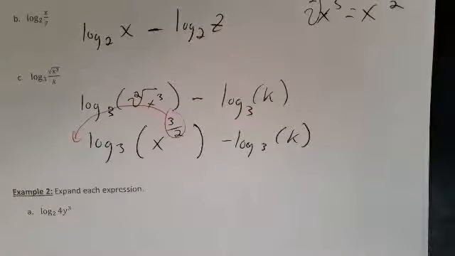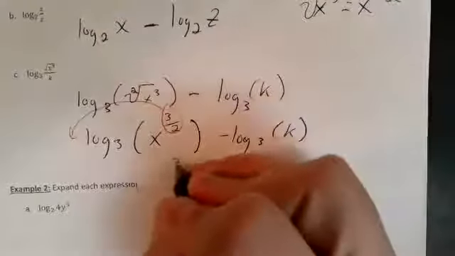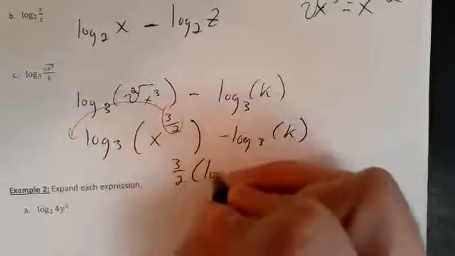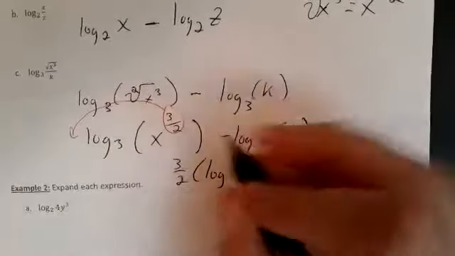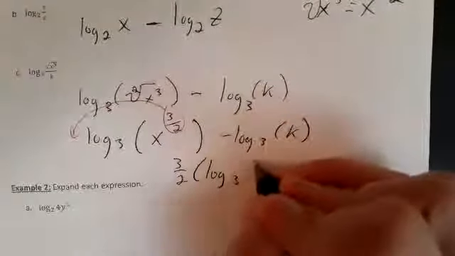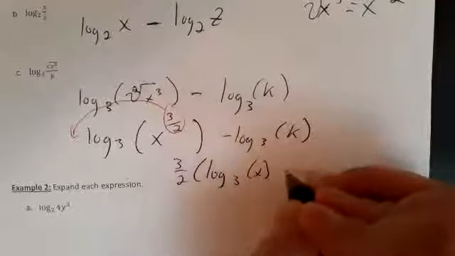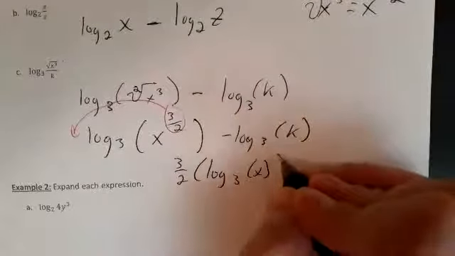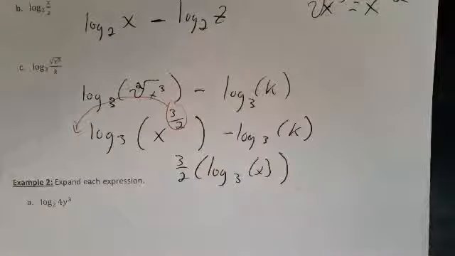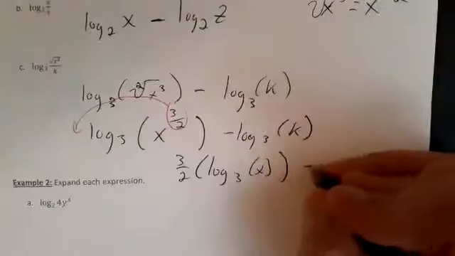That is rule number 4, the power rule. So we have 3/2 of log base 3 of x, and then we also have log base 3 of k.